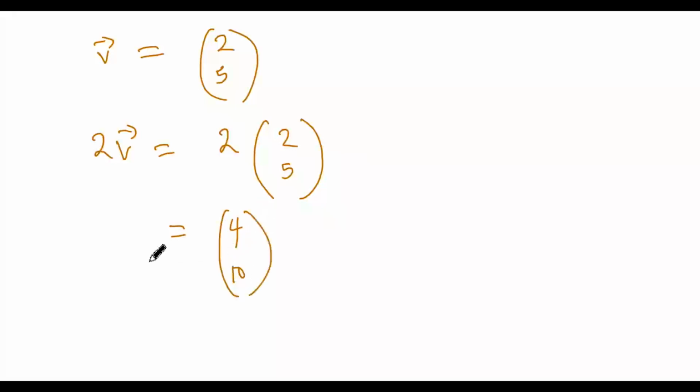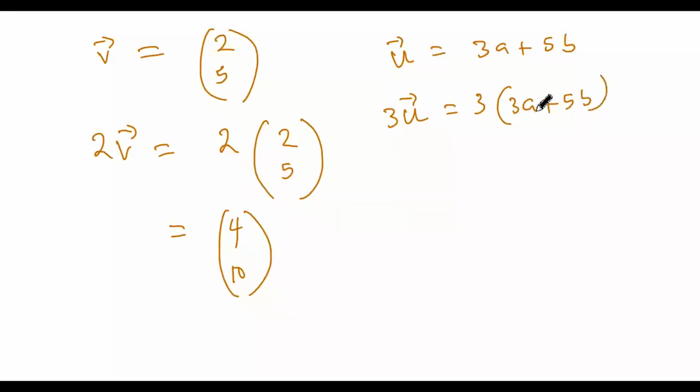So this will be 2v. You could have vector u equal to 3a plus 5b. Then you want to get 3u, that will be 3 into 3a plus 5b. So this will be 9a plus 15b. That will be the solution there.